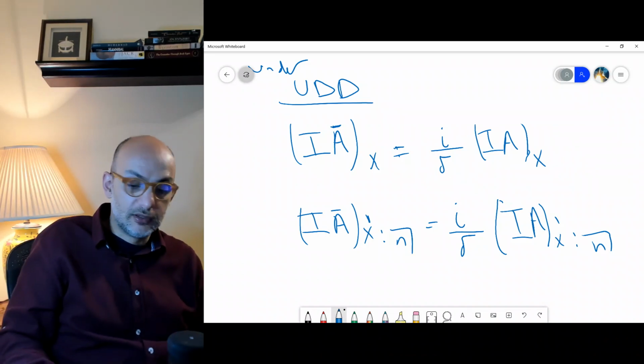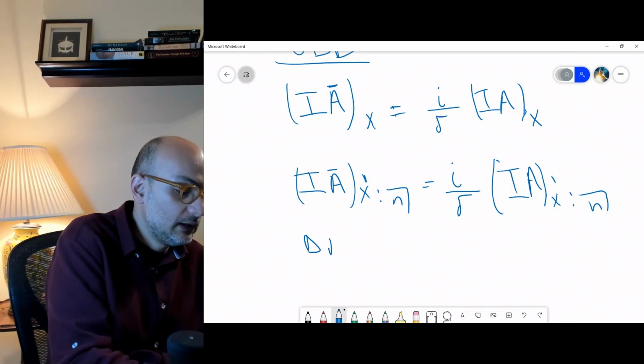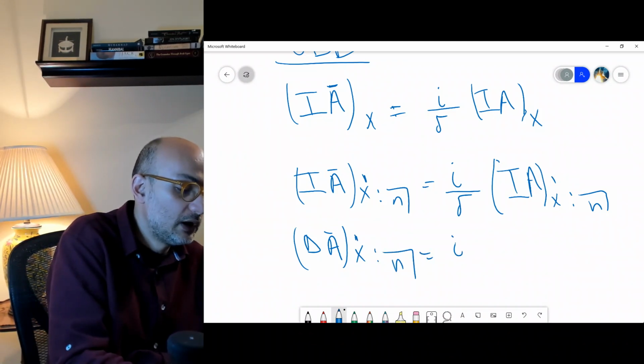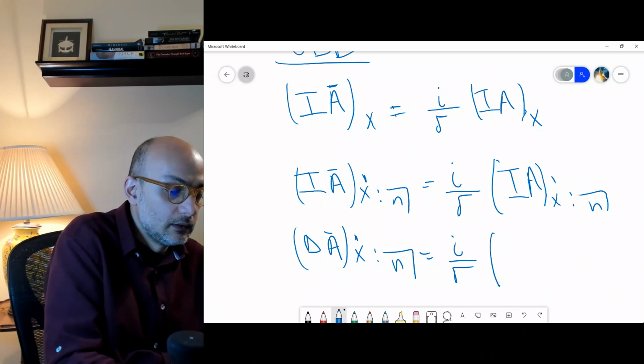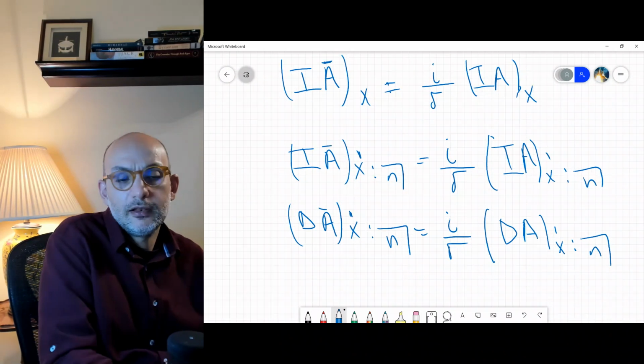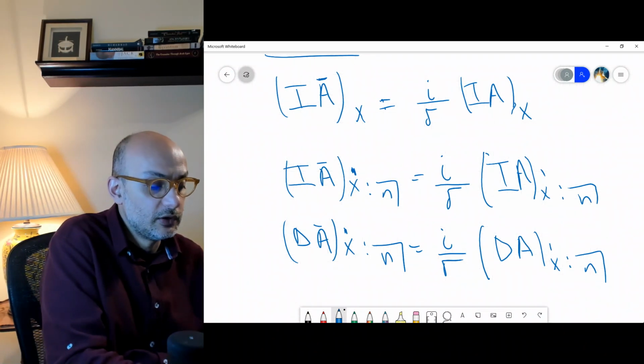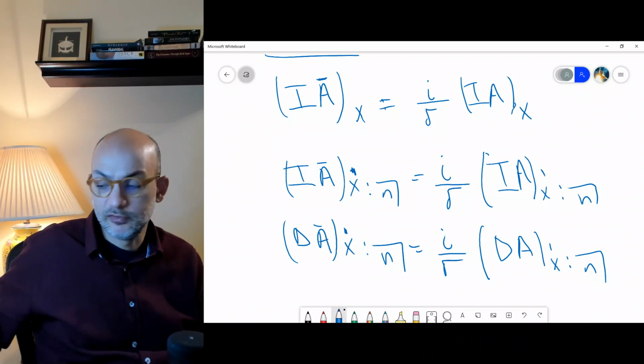It's the same logic with (DA), the continuous case for $1, equal to i over delta times (DA) for age x. Remember, this is for $1. This is term insurance, just like the previous case.